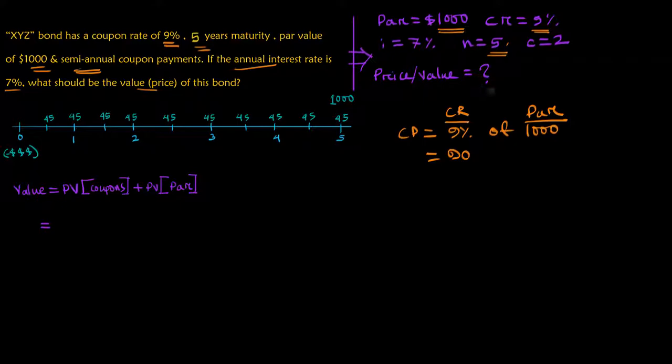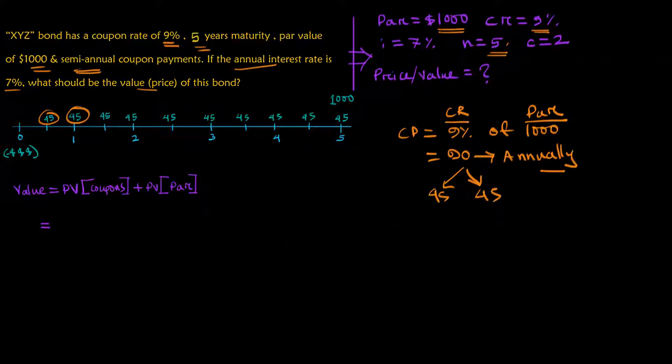So in each year we'll receive $90 annually. But it is also mentioned that it pays semi-annual coupon payments. That means the issuing company will pay $45 after 6 months, and again after another 6 months they will pay $45 more. That makes it 2 payments in a year. So this is what is shown here. So split this into 45 and 45.